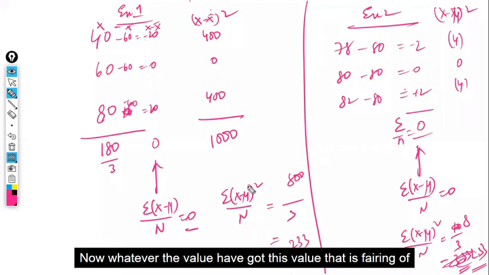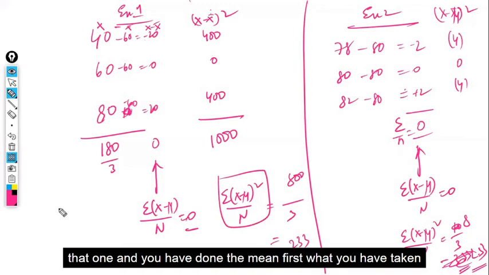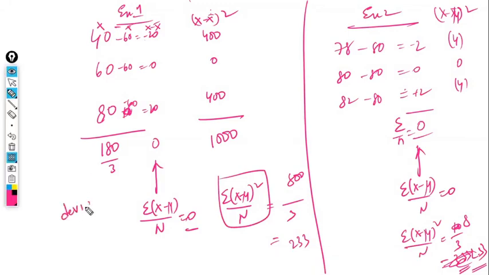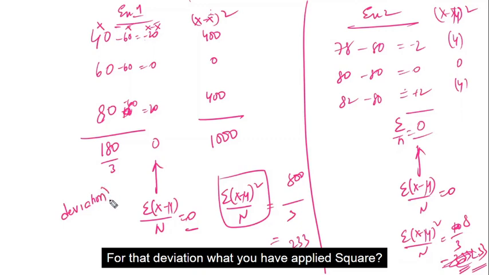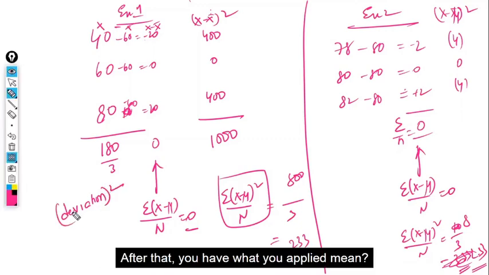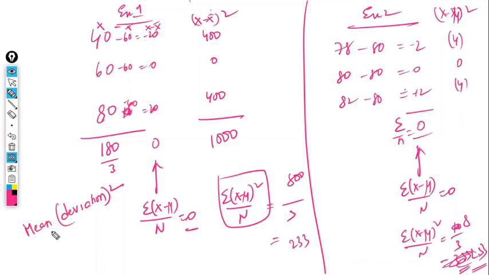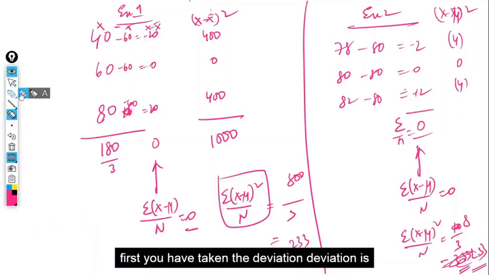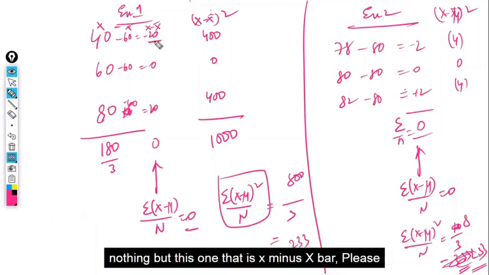Now, whatever value you have got, you have squared it and then taken the mean. First, what have you taken? Deviation. For that deviation, what have you applied? Square. After that, what did you apply? Mean. Right? So first you have taken the deviation, that is x minus x bar.